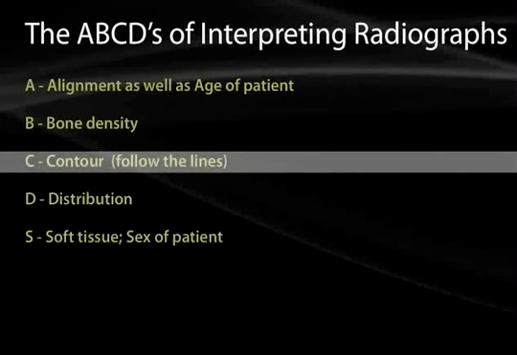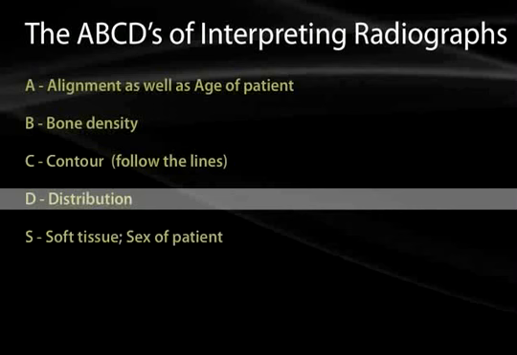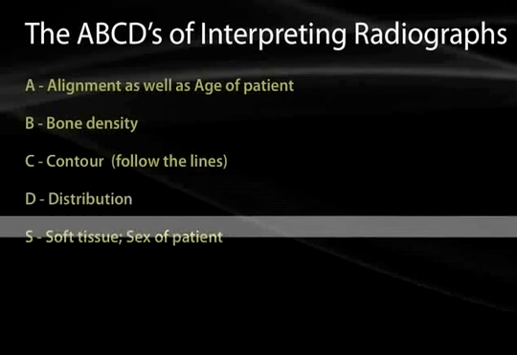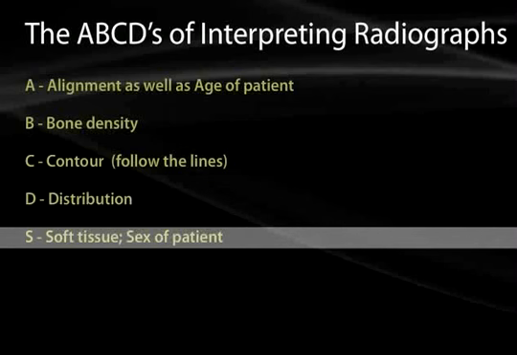C, the contour, which means follow the lines so you don't get lost or distracted by overlaying densities. D, the distribution. Is something distributed where it should be, or is there something else in the way? And then finally the S, which stands for soft tissue, or even the sex of the patient, is always going to be important in interpreting the radiographs.